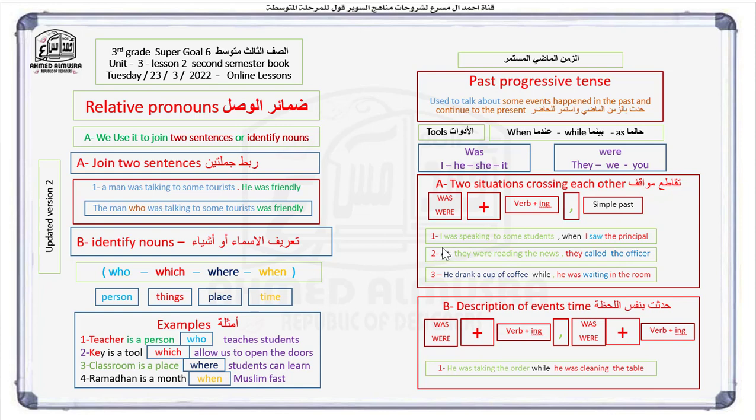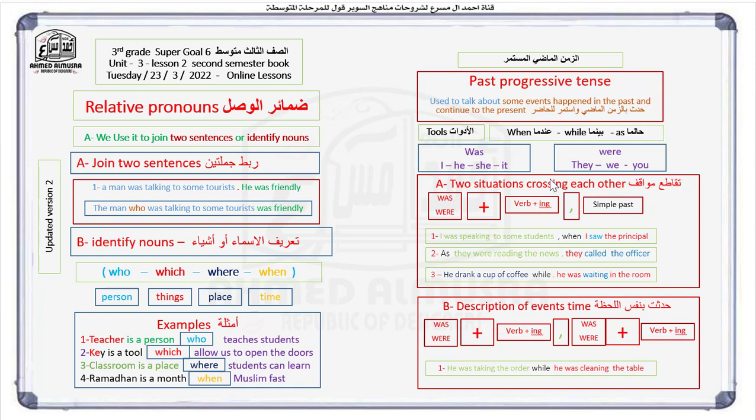As I said before, as comes at the beginning of the sentence, so remember that one. Number 3. He drank a cup of coffee. This is an irregular verb. This is the regular verb, ed. This is an irregular verb. He drank a cup of coffee while he was waiting in the room. So remember, here I exchange between the situations.